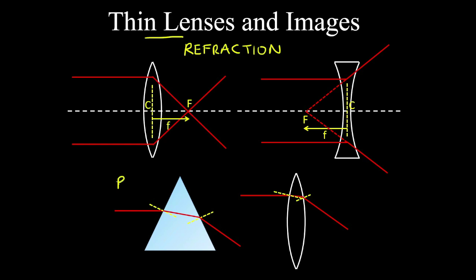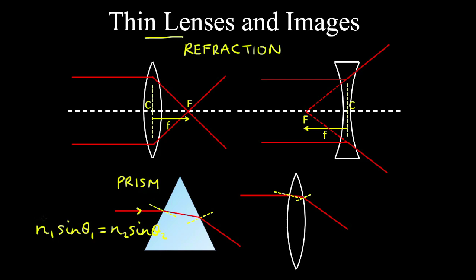So for example, if you consider this prism, we have an incident light ray from air to glass. So recalling Snell's law, we have n1 sine theta 1 is n2 sine theta 2.